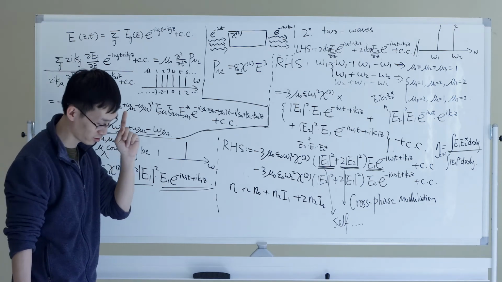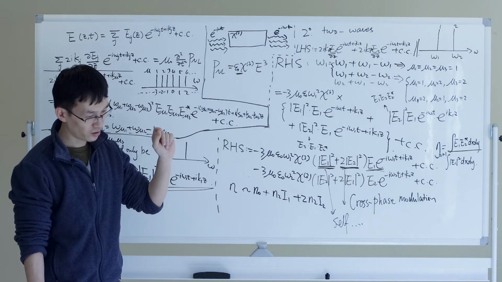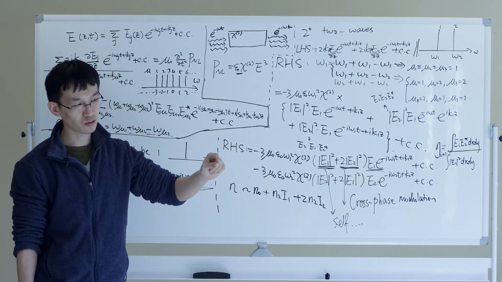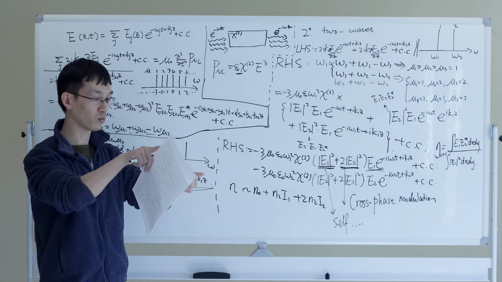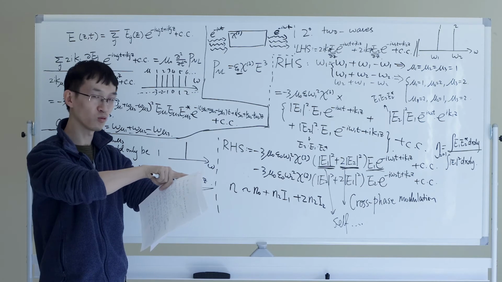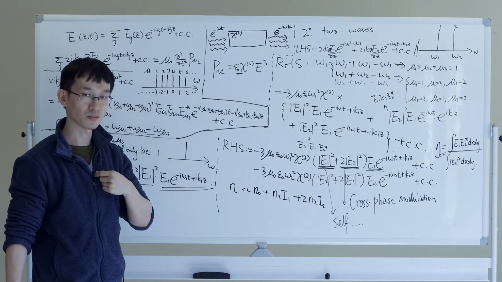Okay. And cross-phase modulation, you might wonder, is this really true? Because think about it, it's counterintuitive. You think that if I'm changing the refraction index, why would another wave change more than what I can change to myself, right?